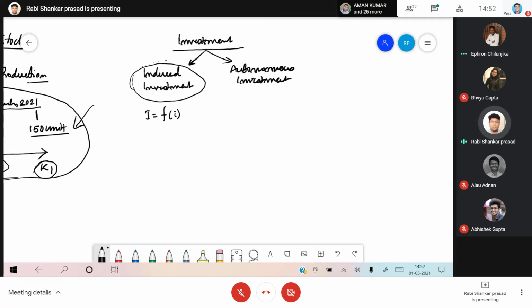Others will understand that you are talking about that investment. So investment is a function of the market rate of interest, where i stands for the market rate of interest, meaning the rate of interest at which you are borrowing money from the market.